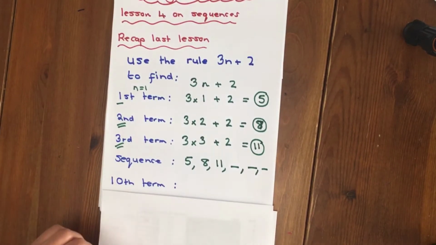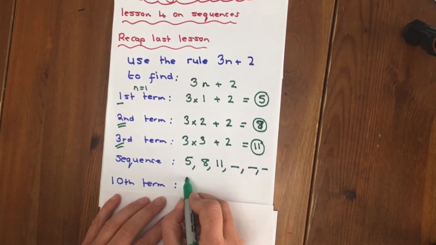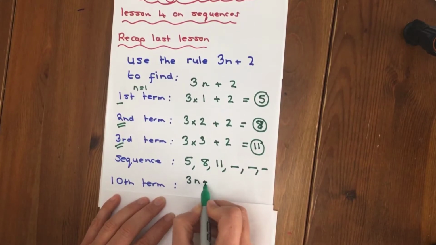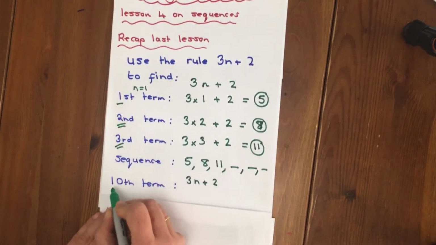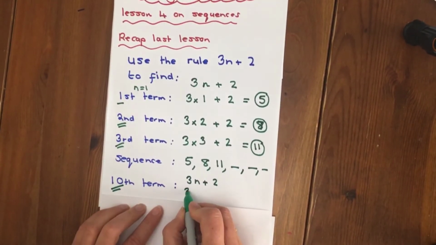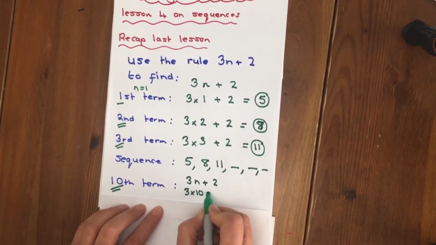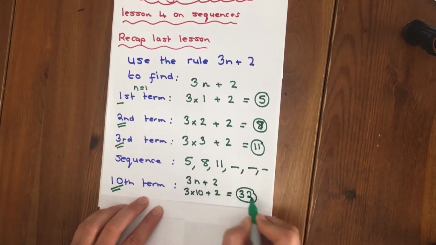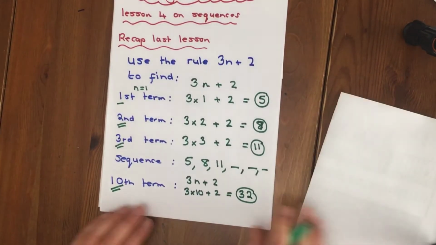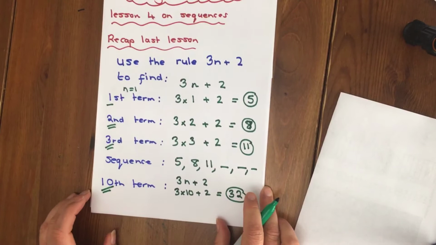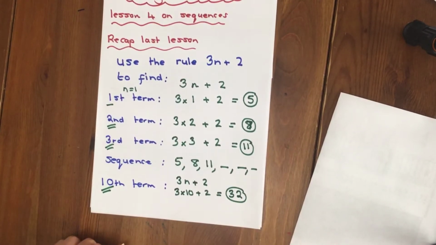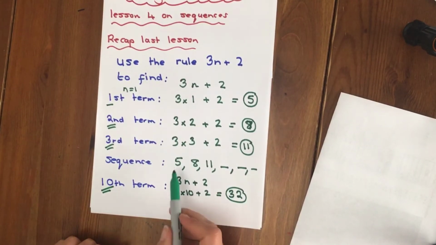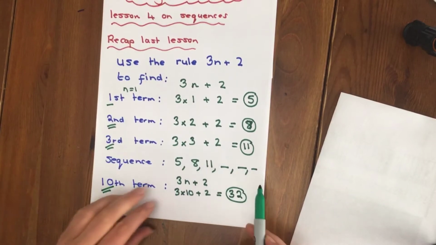Right, to find the 10th term, remember my rule is 3n add 2. So this time n is 10. So 3 times 10 plus 2. So my answer is 32. So that's what we did last lesson on using the nth term. And all these sequences were going up.